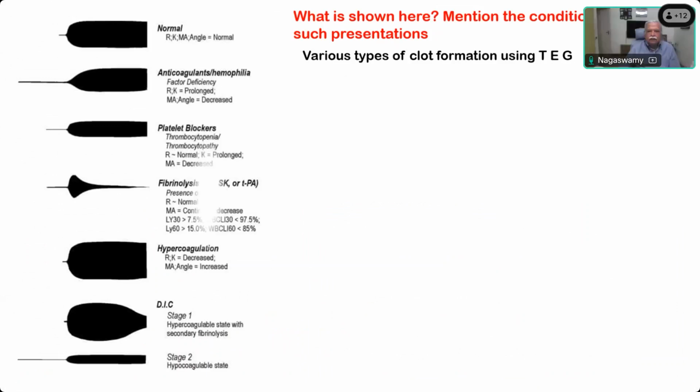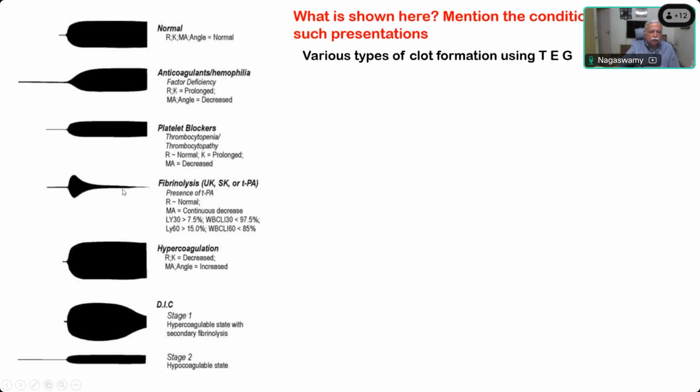So these are various types of clot formation using TEG. First one is normal, second one is anticoagulation, like factor deficiency, where reaction time is prolonged and MA angle decreased. Then this is happening in platelet blockers and thrombocytopenia, and here poor fibrinolysis is taking place.